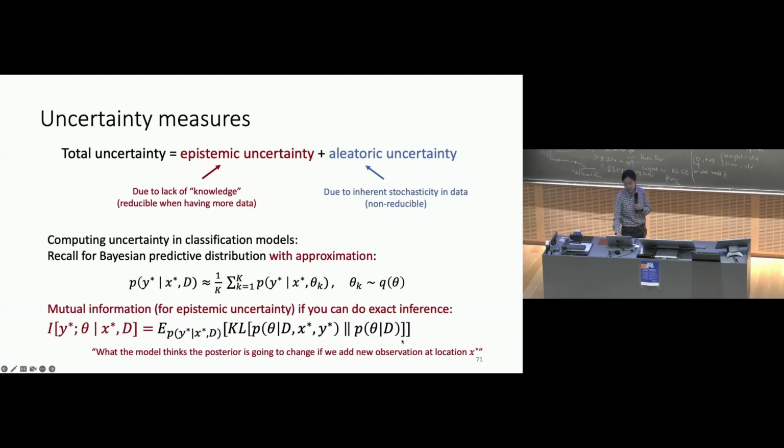And if your current posterior has some high uncertainty, then to make this updated posterior very different, you need to contract the uncertainty estimate. So it tells you, if I actually add in these data points, I can reduce uncertainty around this region. So this is how mutual information is used to represent the model uncertainty.